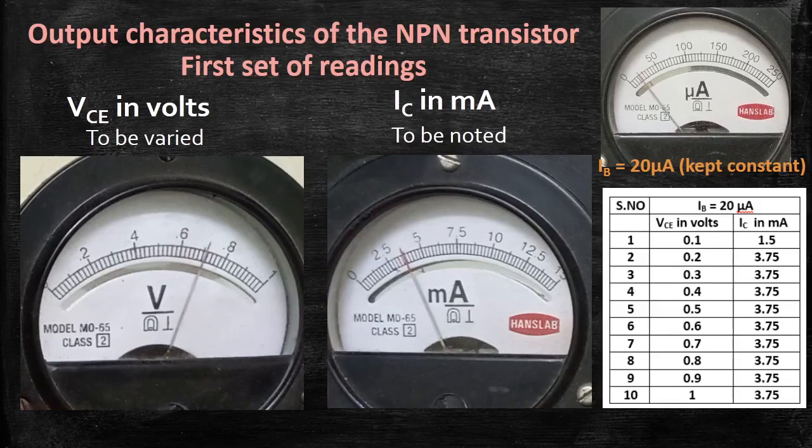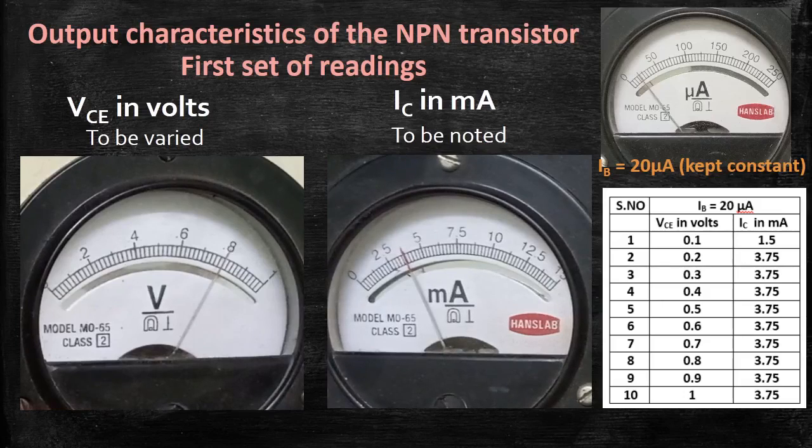Now the value is changed from 0.6 to 0.7. The value of IC is 3.75. Now VCE is increased from 0.7 to 0.8. Note down the reading in IC. No change, again it shows 3.75.